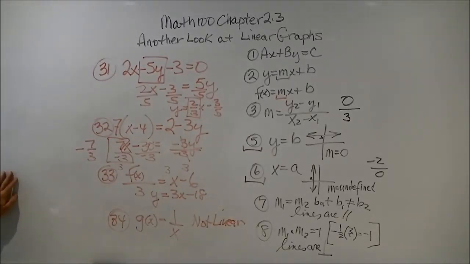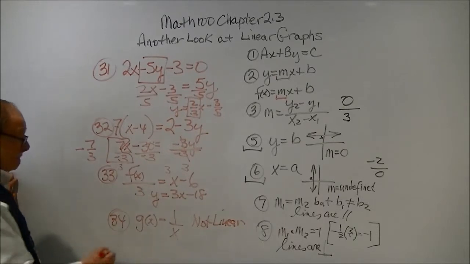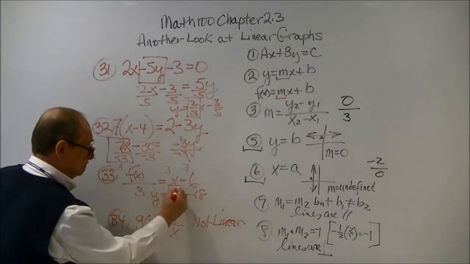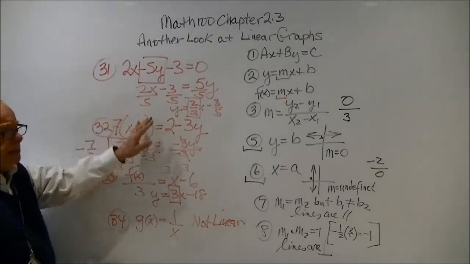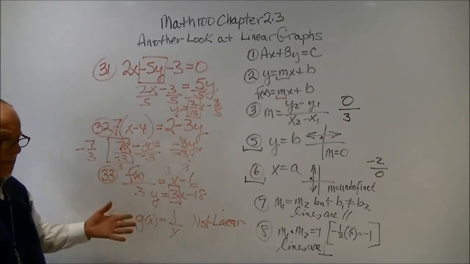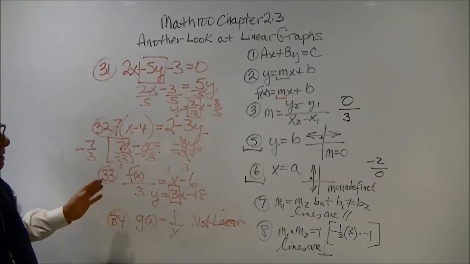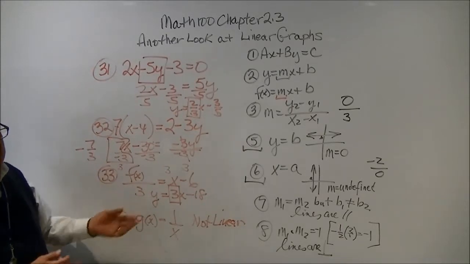So what will our slope be? 3. These are all linear. This one is not linear due to the variable being in the denominator. Again, some of this is a little more difficult than we'll have on our test, but is stuff that's in our book.